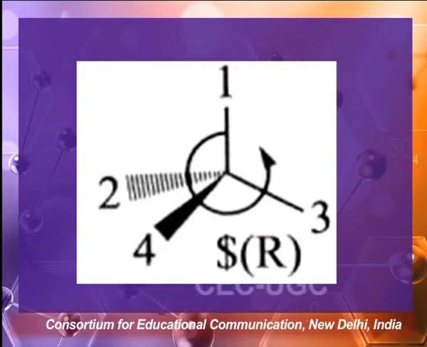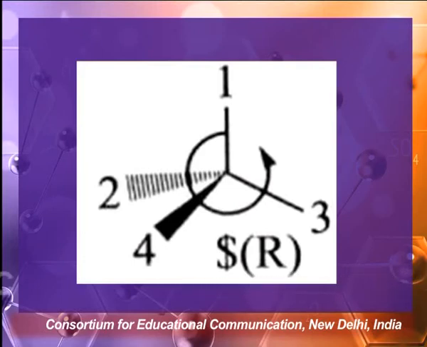So the simple way to do it is that we assign configuration to this molecule as such, and when we do so, we find that our eye is traveling in anti-clockwise direction when we are going from group having highest priority to group having lowest priority.